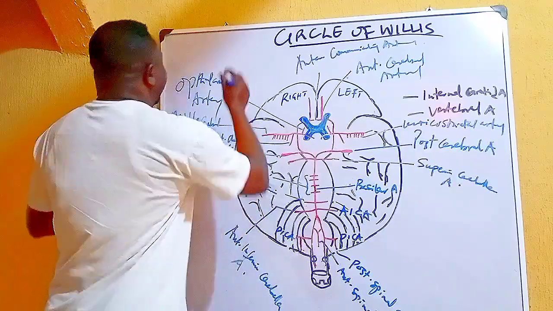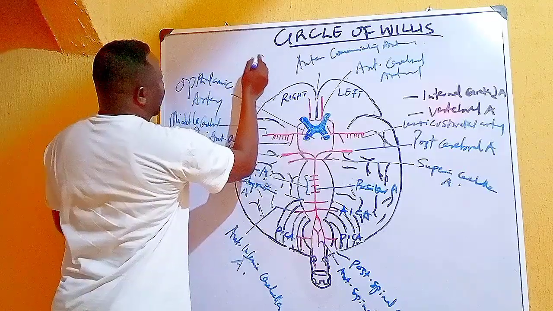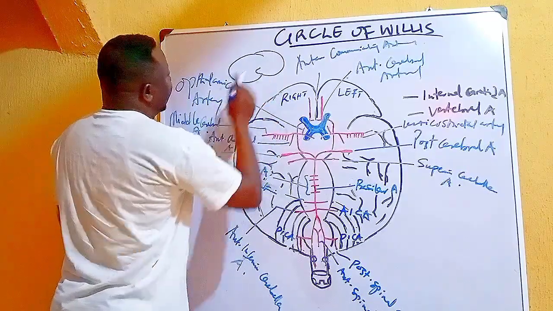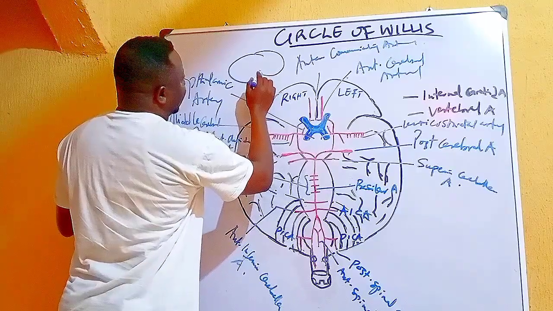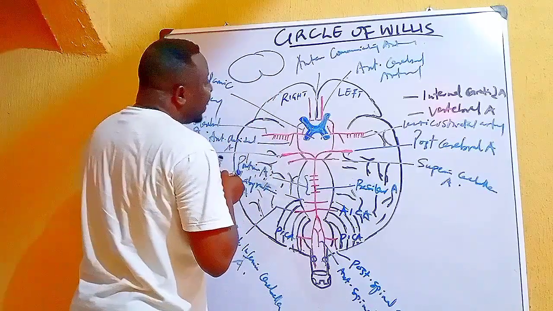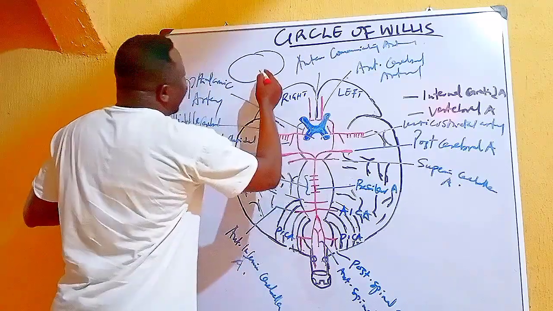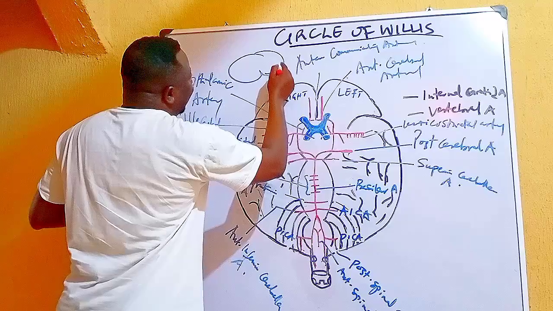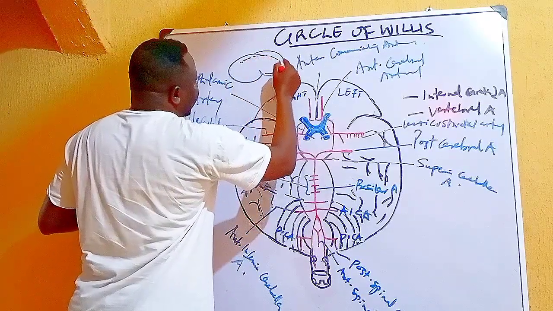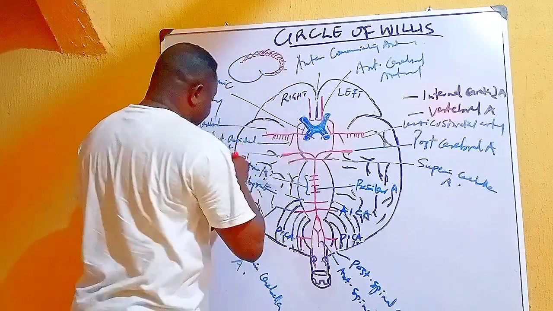Now, let me draw the cortex here. So, the anterior cerebral artery lies in the medial aspects and supplies the medial aspect of the cortex.